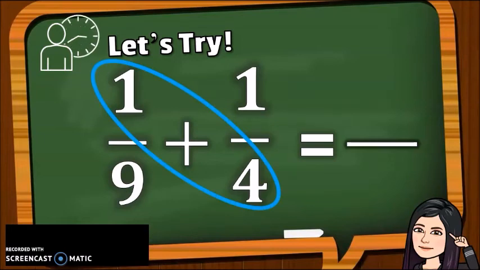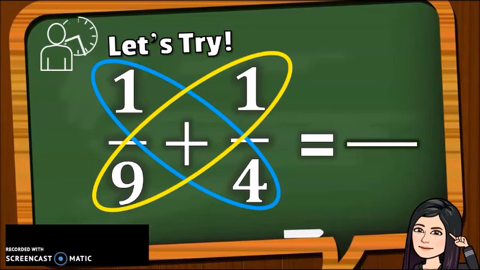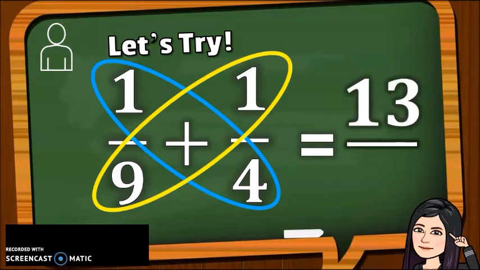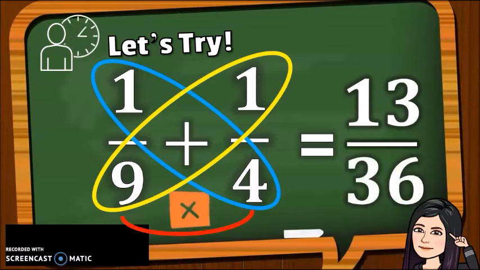Again, cross multiply 1 and 4 will give a product of 4. 1 times 9 is equal to 9. And then 9 plus 4 is equal to 13. Multiply the denominators will give a product of 36. So the final answer on the second one is 13 over 36. Very good.